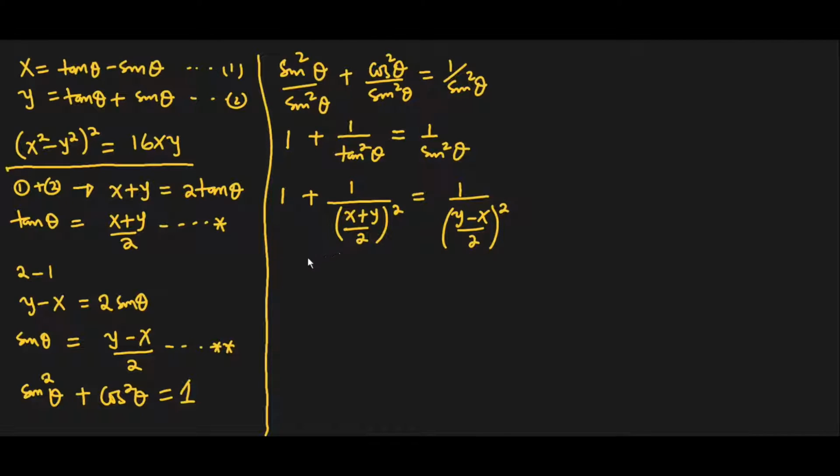So all we need to do here is to remove these fractions by multiplying throughout by the product of this and that.